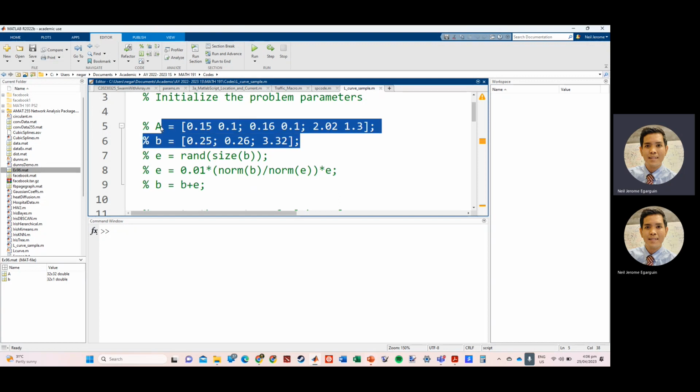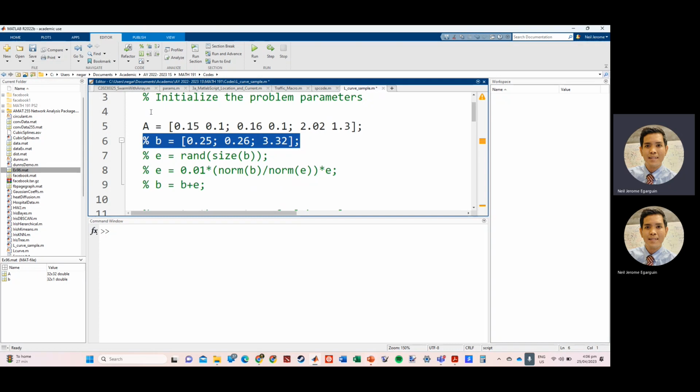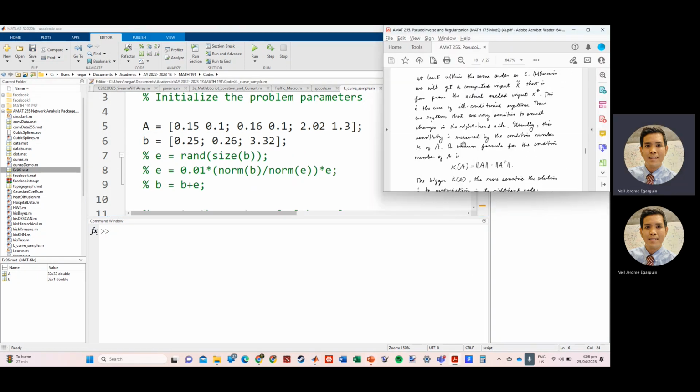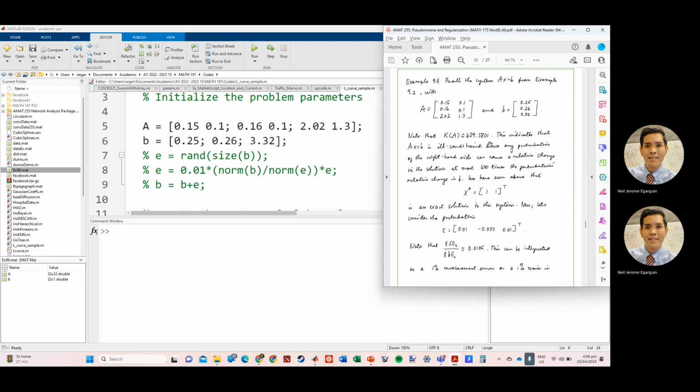So I have here the matrix A, which is the one given in the slides. And then we have here 0.025, 0.26, and 3.32. Let me just double check. I guess this is the right-hand side we were given, that's the perfect data, right?